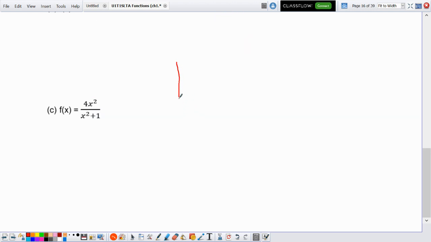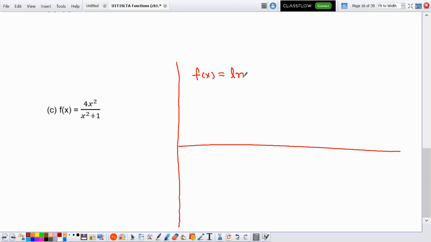Here I'm going to use a couple more examples to explain the end behavior. What happens if a function has only one end, ln of x, let's say? Here we know that the log of a negative number is not defined. So this function has only one end.